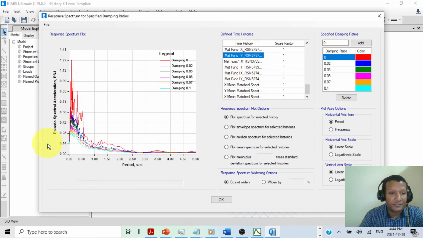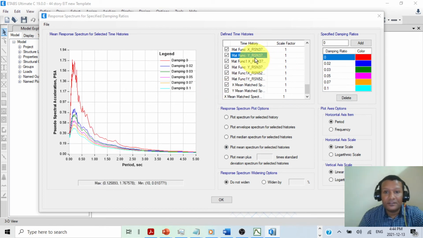So you can see pseudo spectral acceleration is paired. Plot spectra for selected history, or if you want the mean, you can make it mean. Plot mean spectra for selected, and you can see the mean also.